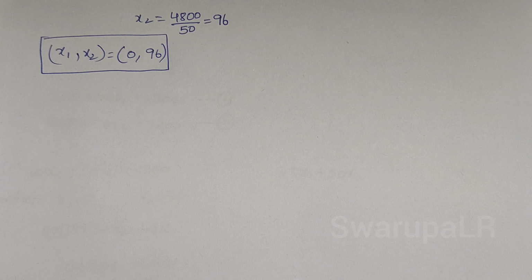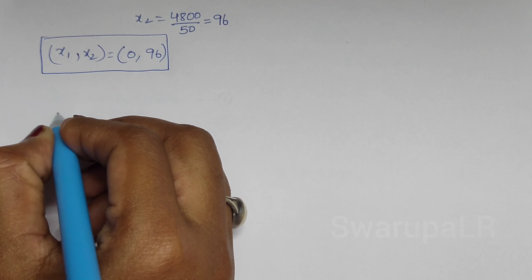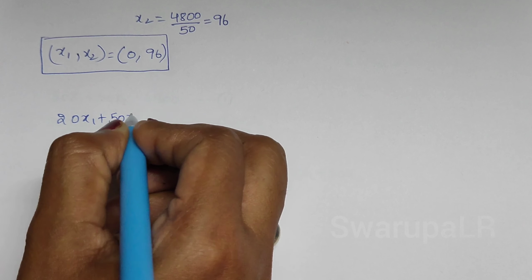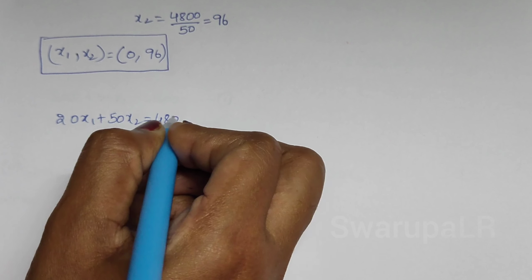Now we have to assume x2 as 0 and we have to find out the x1 value. 20x1 plus 50x2 is equal to 4800.